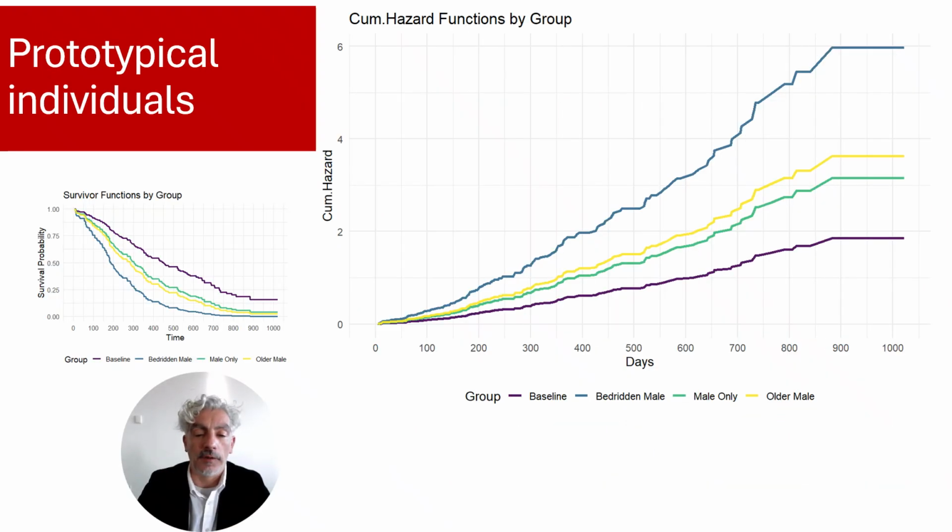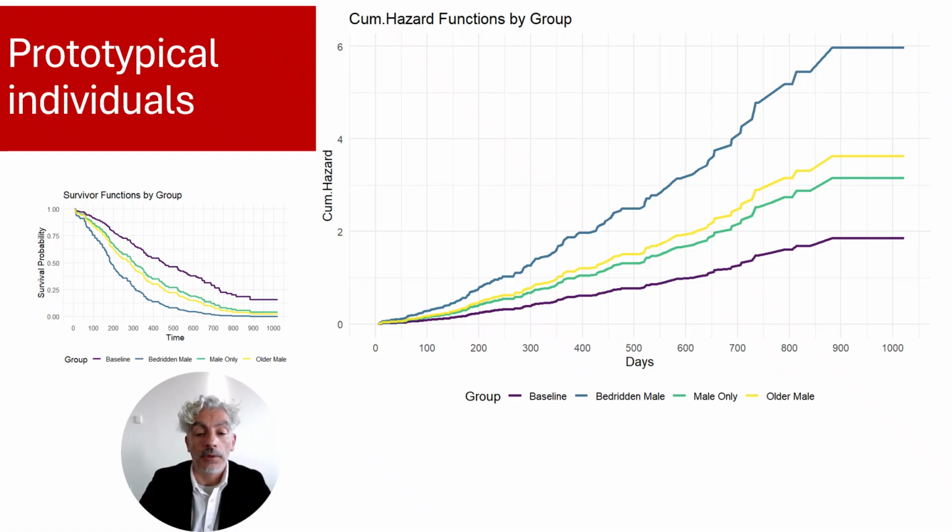Here I have just used the same method to also calculate the cumulative hazard function by those prototypical groups, and you can see that, for example, a bedridden male has a higher cumulative risk over time.